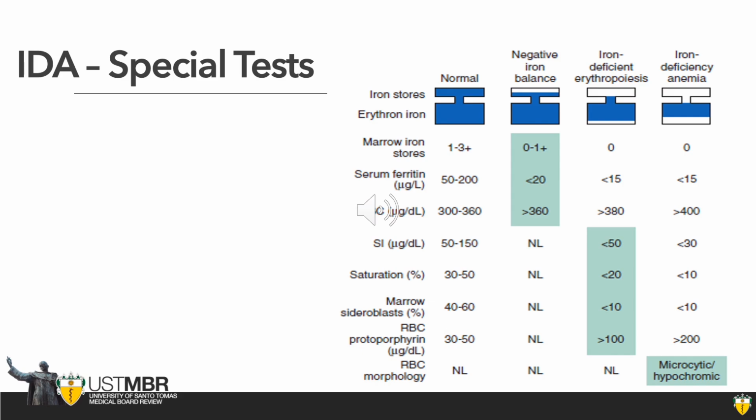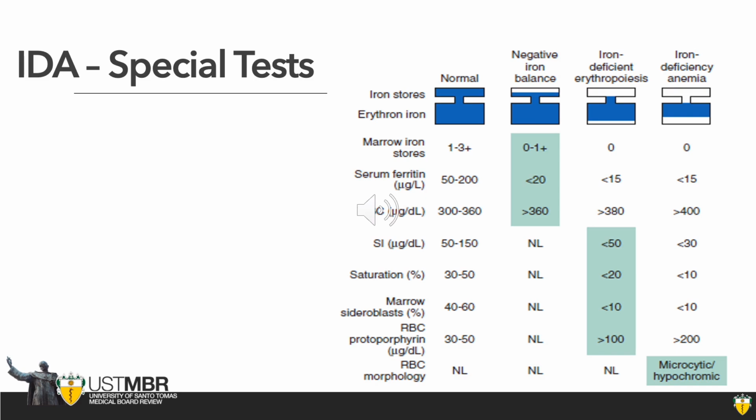That's why some of the tests that I've mentioned a while ago would be normal, except for the serum ferritin, which is less than 20, and then your TIBC, which is more than 250.